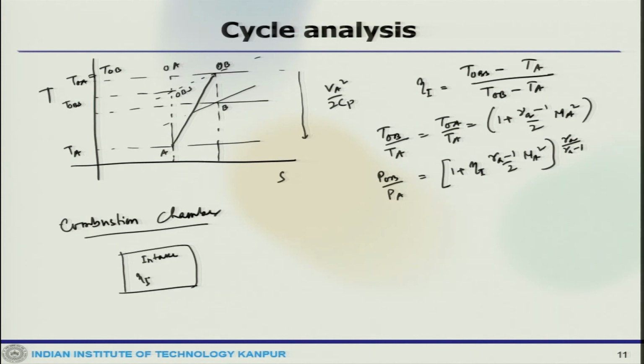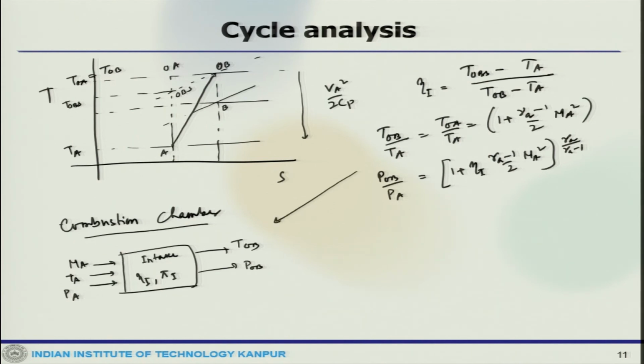Now you have eta I, pi I. So, pi I is the pressure ratio, you got input M A, you got T naught B, you got P naught B, and you have T A, you got P A. So, that is what happened in the intake. Now, what happens in the combustion chamber? This is what is happening at the intake. That means what you give as input, you get it.